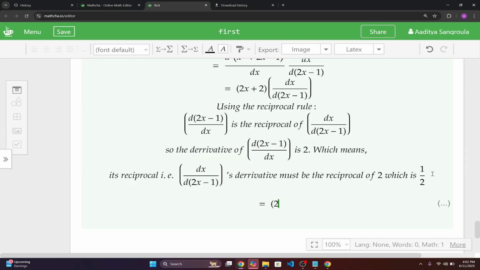That'll be 2x plus 2 times 1 over 2. So if I divide all of these, then it's okay.